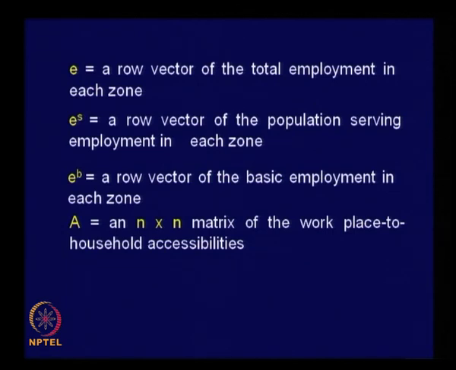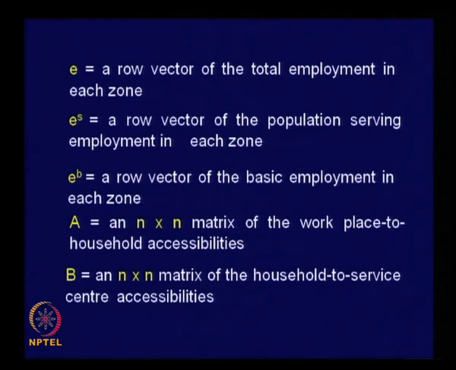Later on we will find out why it is an n by n matrix, of the workplace to household accessibilities. And B is again an n by n matrix of the household to service center accessibilities, the ease with which people can reach the service places, to be expressed numerically using some accessibility calculation method.